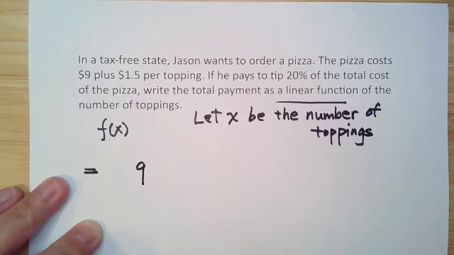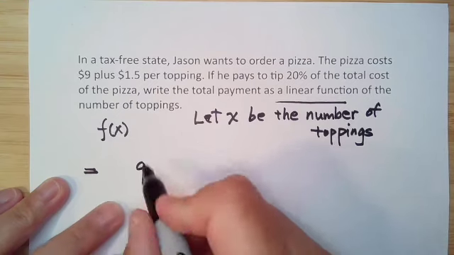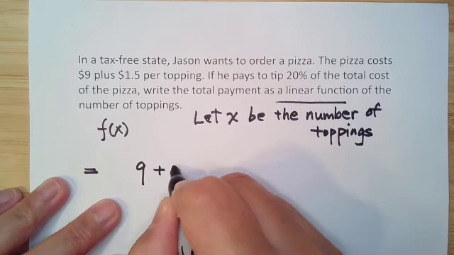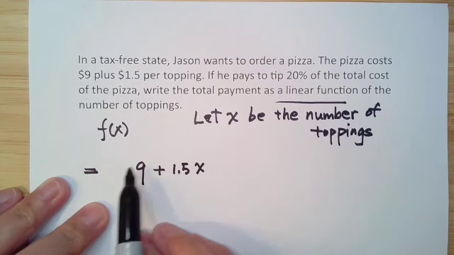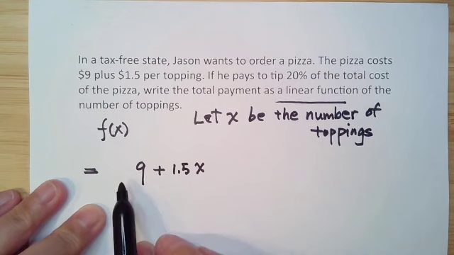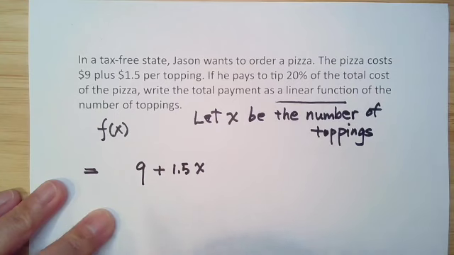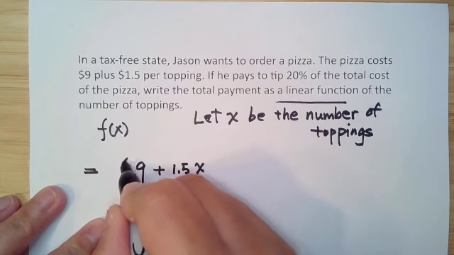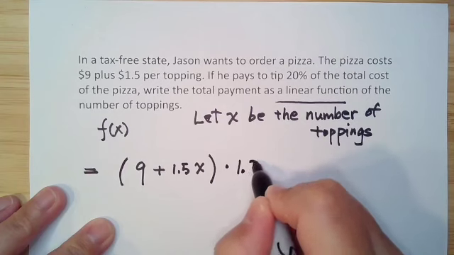And for each topping, it's $1.5, so it's going to be 1.5x. This is the total cost of the pizza: $9 plus 1.5x. But after that, he wants to pay the tip of 20%, so you have to multiply this by 1.2.